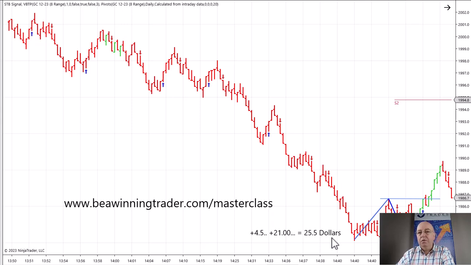And that became the trade over a period of just 1.5 hours. So it was a reasonably short period of time. And trading one position, one contract position on a $25.50 move down like this was a profit of $2,550.